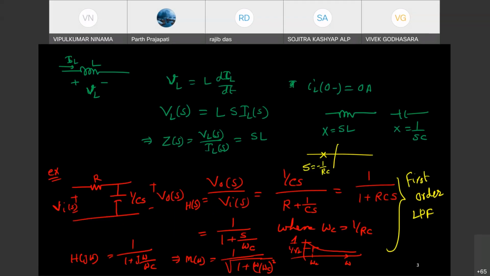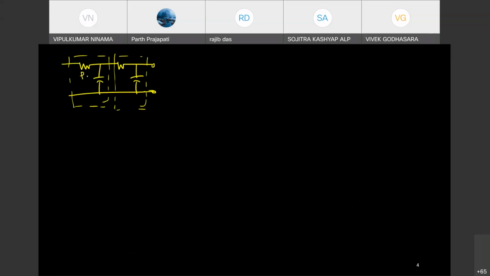And if you want to make second order, then you can cascade these two. What I can do, I can consider a second order circuit just taking it like this. So you see, this is a low pass filter. This is another low pass filter, and they are cascaded. This is R1, C1, R2, C2.